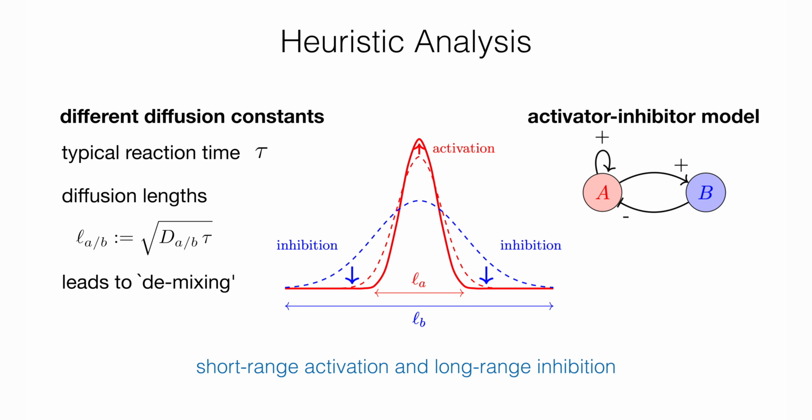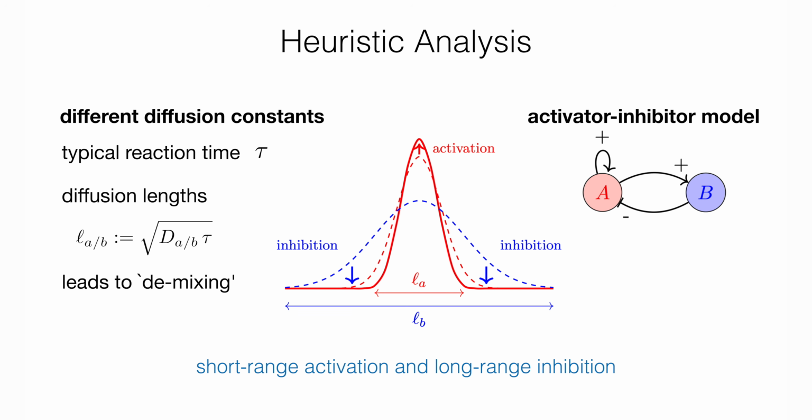And that heuristically is a mechanism by which you can enhance density contrasts as given first by diffusion alone, and that's a heuristic argument to say that such a mechanism can give rise to pattern formation as it amplifies the initial contrast. And that's usually referred to as short-range activation and long-range inhibition.